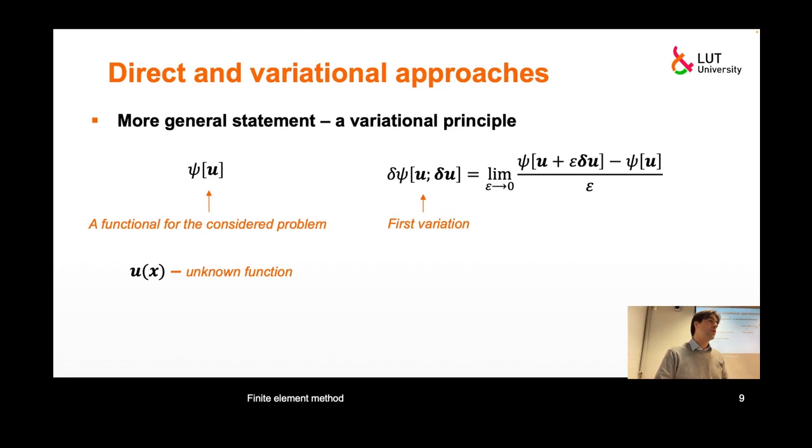It's also sometimes called a test function, multiplied by some coefficient, which we will consider approaching 0 later. And we calculate the difference between the value of this functional for this modified function and the value of this functional for the original function, divided by this factor. And as it approaches 0, the limit we get is called the first variation.